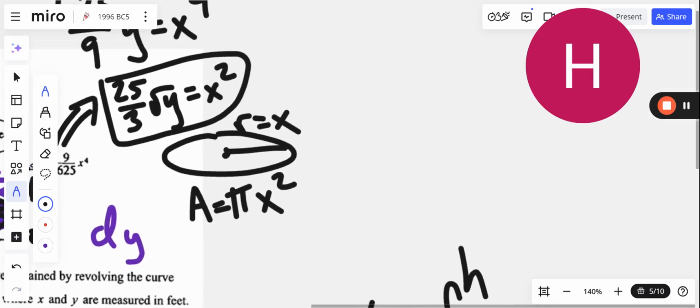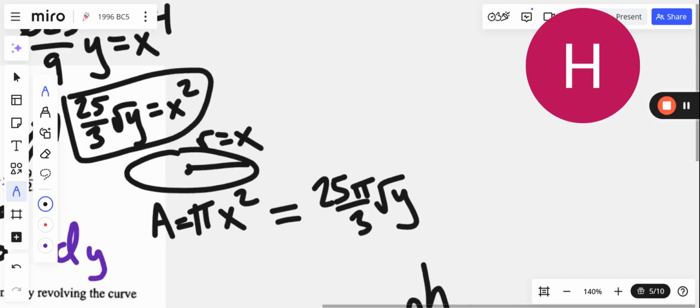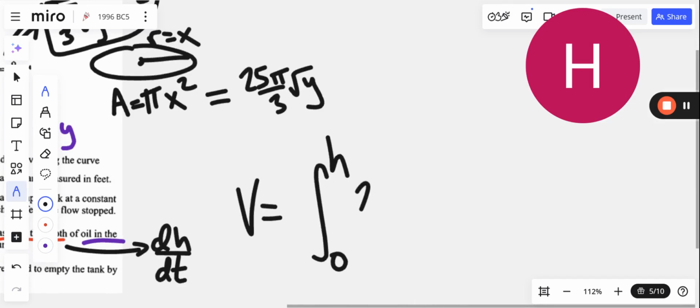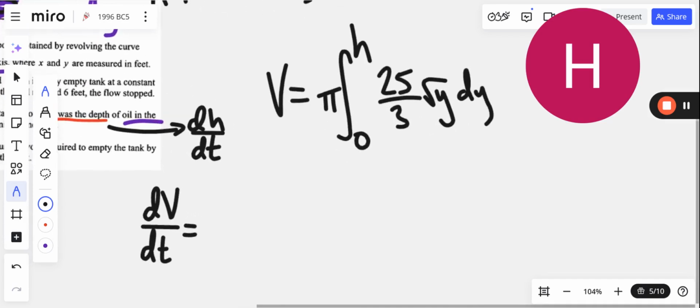So the area of each one of these disks is 25 pi over 3 times the square root of y. And therefore, that's going to be our volume. Bring the pi out front, 25 over 3 square root of y dy, but we want dV dt.